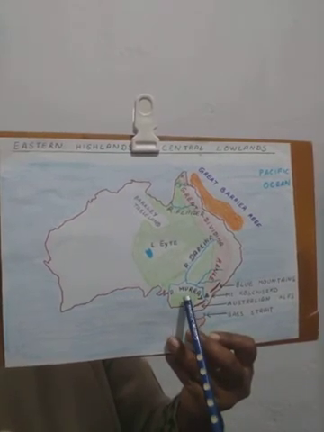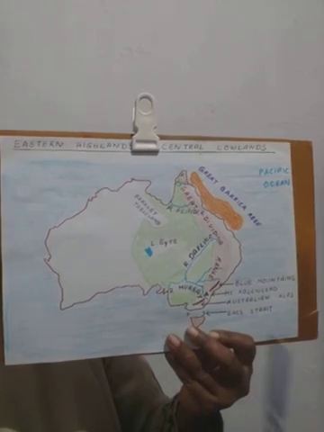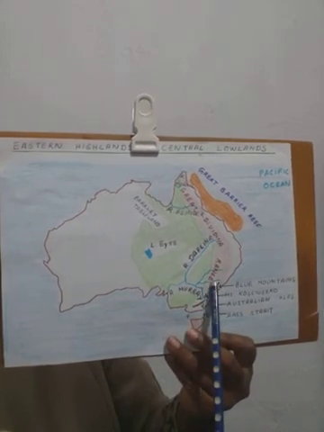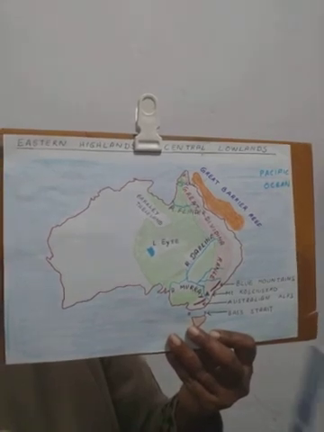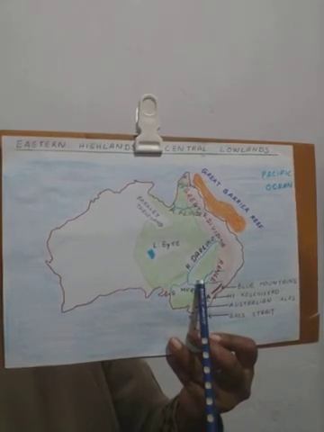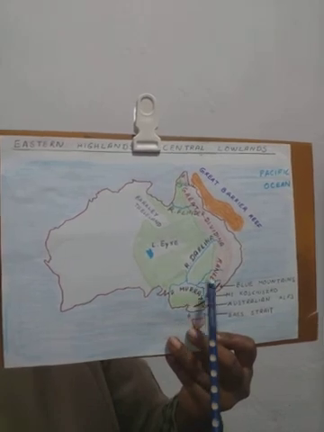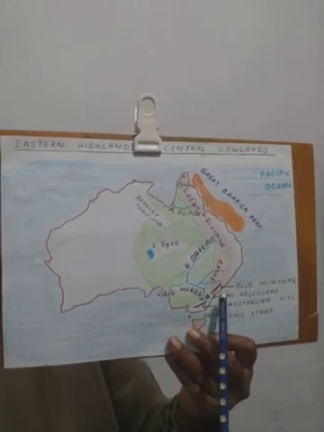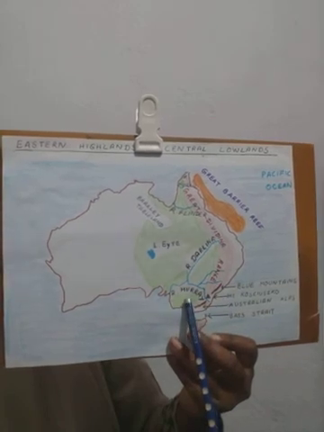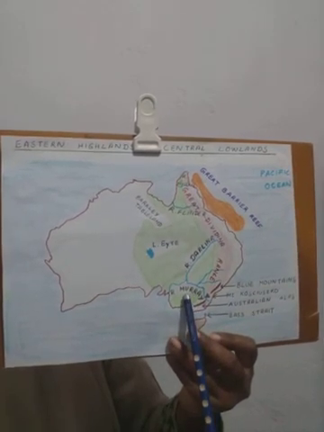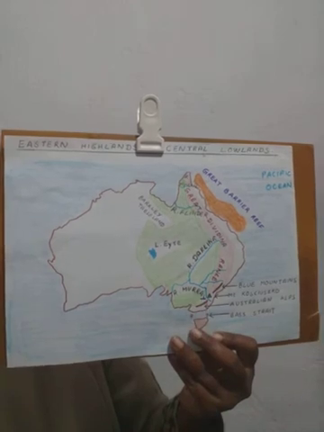It is drained by River Murray and Darling and its tributaries like River Murrumbidgee here. And since they have good deposit of alluvial soil, and as they are snow fed because they originate in the southern Alps, this region is very favorable for the production of crops.